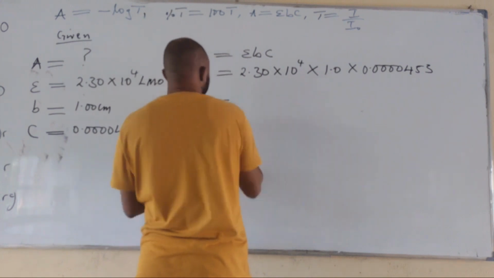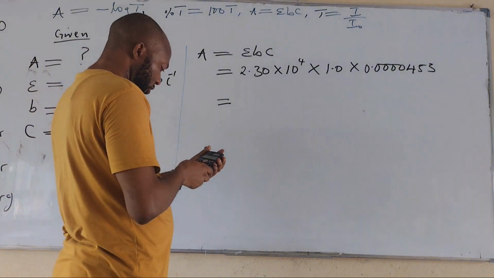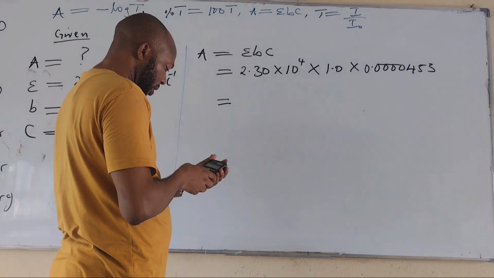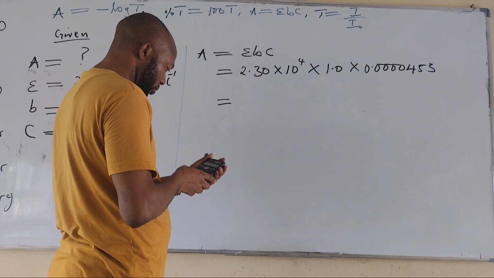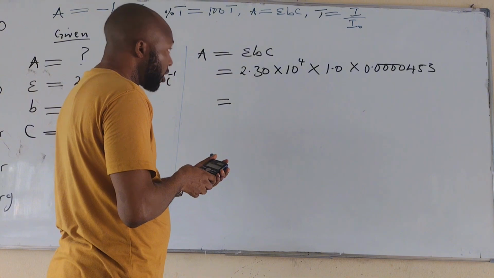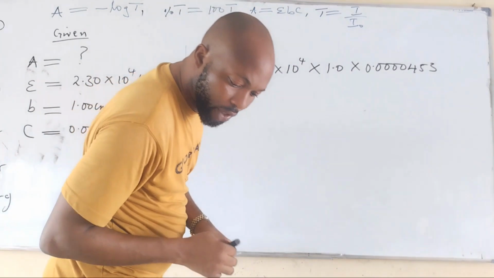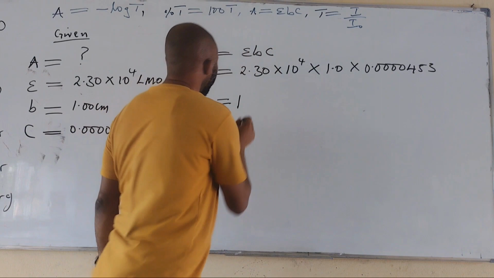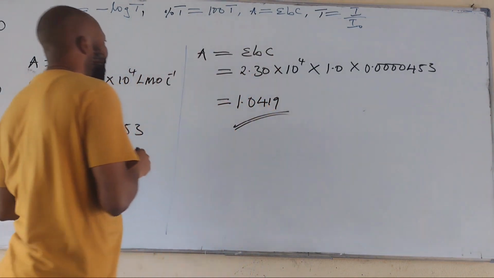And this is equals to 2.3 times 10 raised to the power of 4 times 0.0000453. This is 1.0419. That becomes our absorbance.